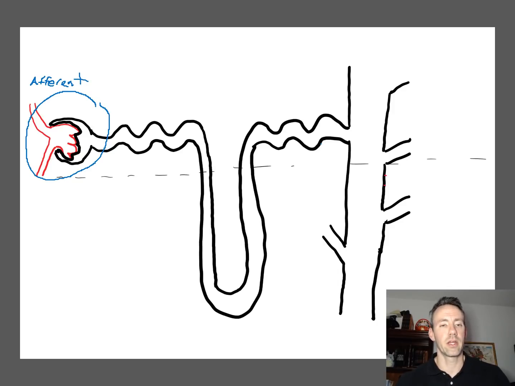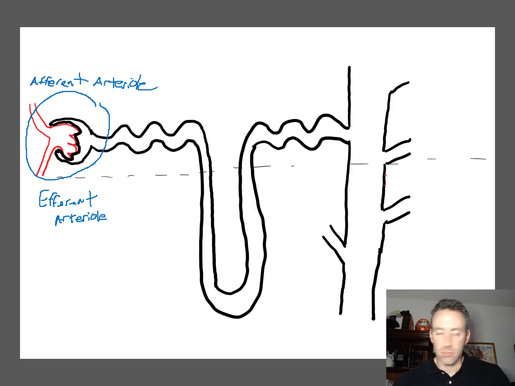Sorry about the handwriting. Handwriting is atrocious on this thing, so I apologize. And then down here, this portion of the artery here is the efferent arterial.